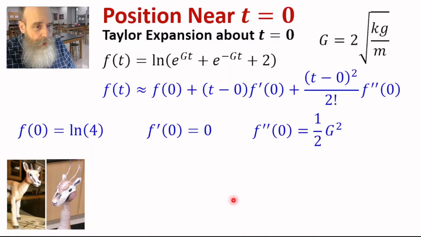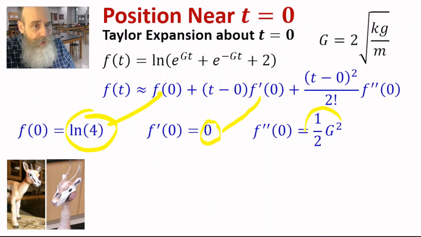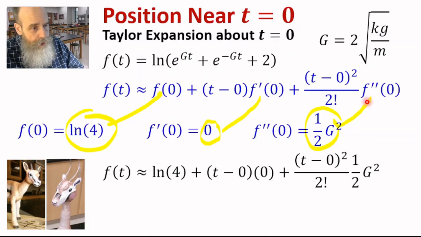So f double prime of 0 is 1/2 g squared. Now let's put these things into our expression. So ln 4 is f(0), 0 is f prime at 0, and 1/2 g squared is f double prime at 0. Make those changes. This is what we get: ln 4 plus (t minus 0) times 0 plus (t minus 0) squared over 2 factorial times 1/2 g squared.